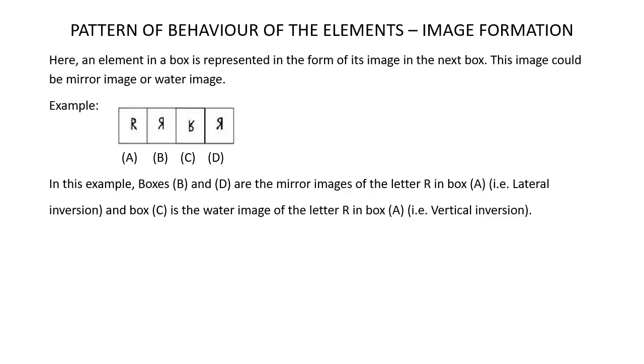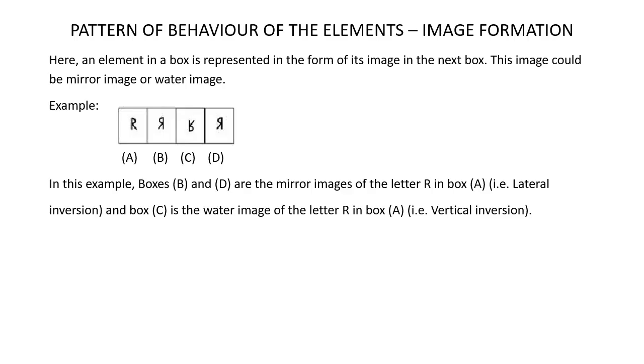Lateral inversion is nothing but the left side of the figure appears on the right side and the right side of the figure appears on the left side in the mirror image. Box C is the water image of the letter R in box A. That's vertical inversion.